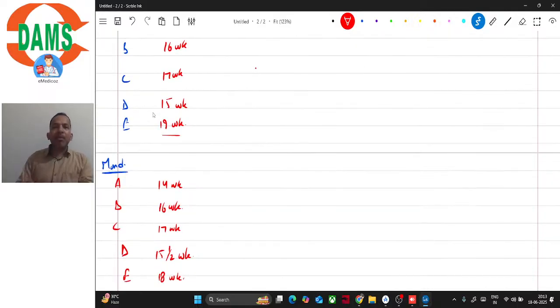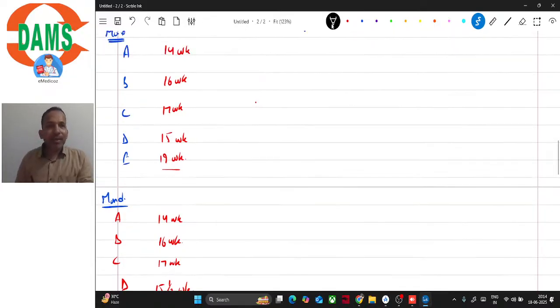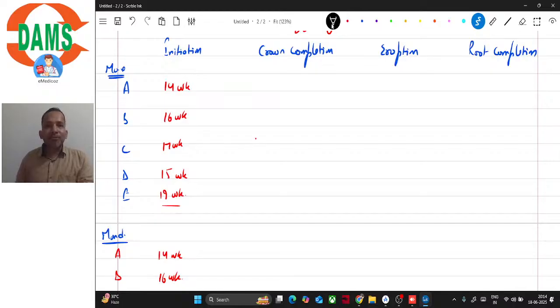Just remember the numbers 14 to 19. 14 for central incisor, 15 for first molar, 16 for lateral incisor, 17 for canine, 18 for lower second molar and 19 for upper second molar, right? I hope it's not too confusing. These dates sometimes are confusing, isn't it?